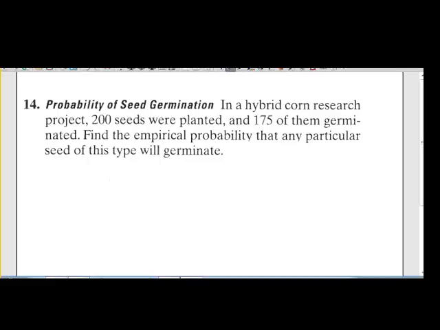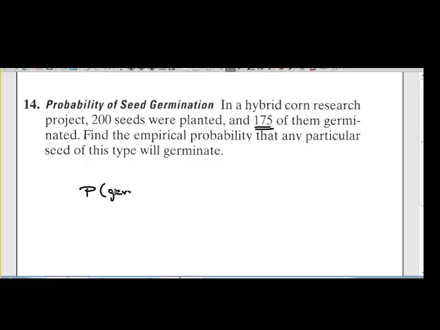So to answer the question here, to calculate the empirical probability, all we have to do is, again, take the ratio of the favorable events to the total events. So we just have to read this and figure out what's the favorable event. What is the favorable event, Tucker? What's the favorable event in this problem?